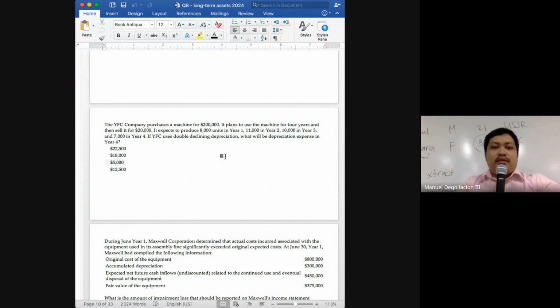Next is once you have the depreciation rate, just multiply that with the cost of the asset. What's the depreciation rate again? 50%. So where do we multiply the 50%? Do we multiply it with the 200 or 180? 200. Very important theory for declining balance class.